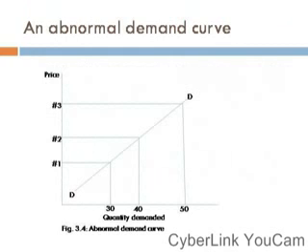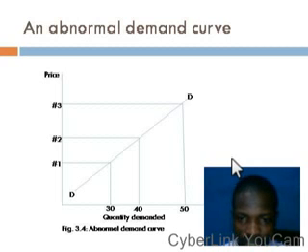Now, this is a graphical illustration of an abnormal demand curve. As you can see, the demand curve slopes upward from left to right. And you can see as price rises, the quantity demanded also rises, indicating an abnormal situation. When the price was 1 naira, the quantity demanded was 30 units.